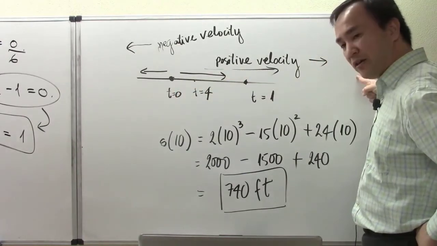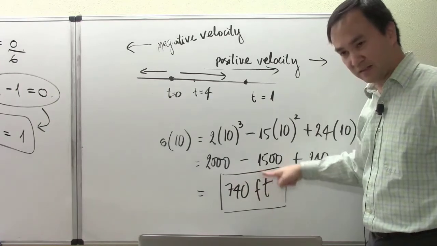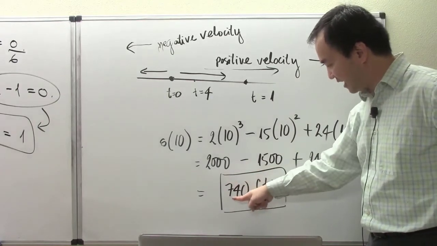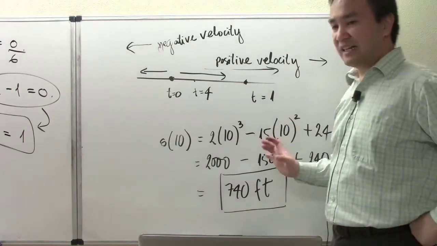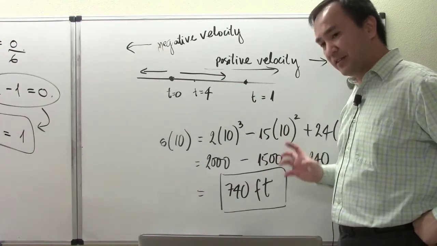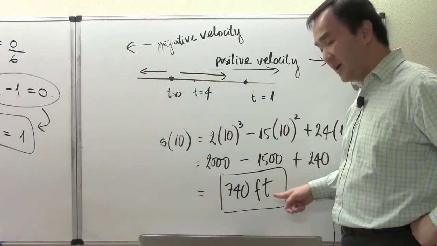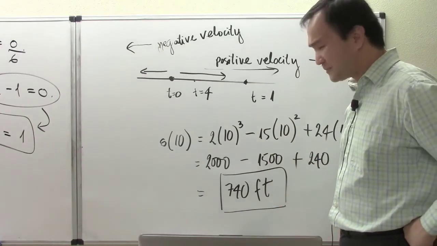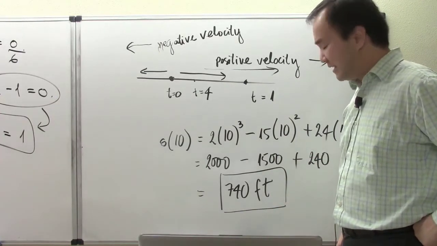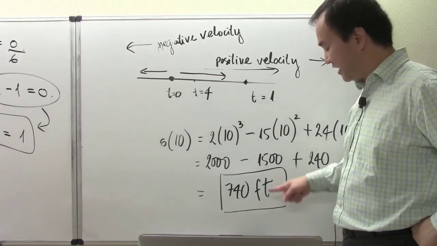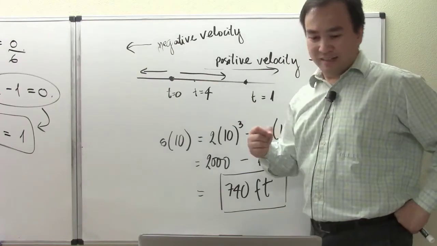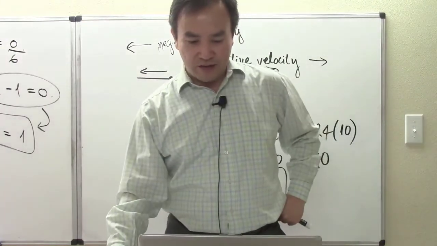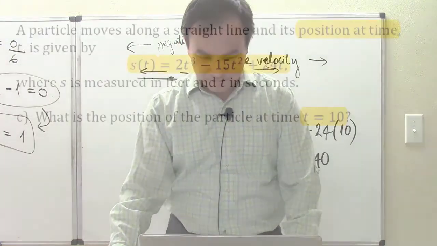When it gets to about 10 seconds, the particle is 740 feet away from where it started. That's for you to sense how fast this particle is moving. 740 feet is a large amount to make in 10 seconds, provided it has already done some going back and forth. Okay, now let's look into the next part in this example.